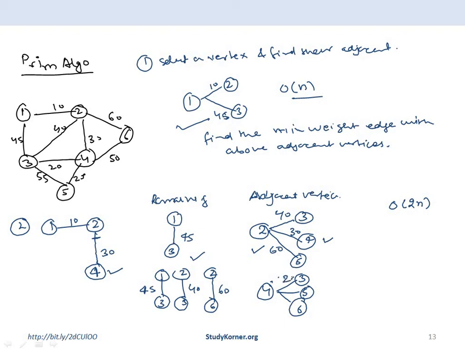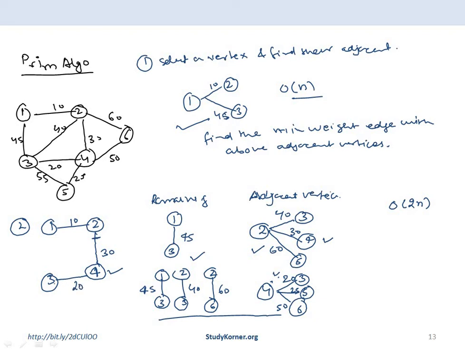For 3 the cost is 20, for 5 it is 25, and for 6 it is 50. Now we have to select the minimum among all these edges, and the minimum is 20. So I draw the edge from 4 to 3. Here is 3, I just add the edge, and the edge weight is 20.